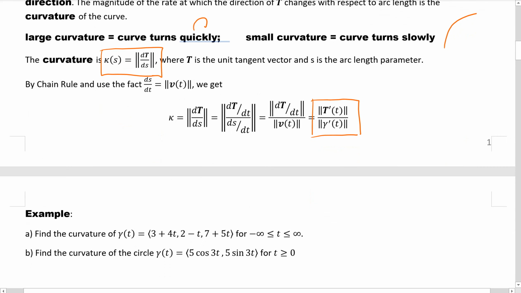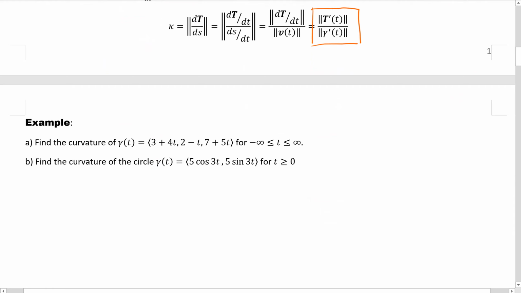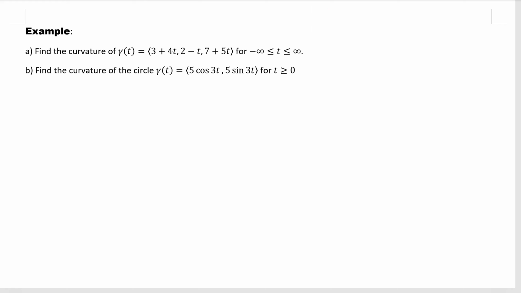Okay, let's continue. Example: find the curvature of gamma of t equals (3 plus 4t, 2 minus t, 7 plus 5t). Part B, find the curvature of the circle (5 cosine 3t, 5 sine 3t). First, we want to compute the derivative.